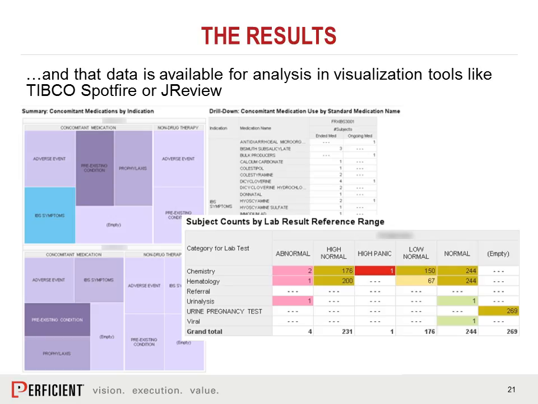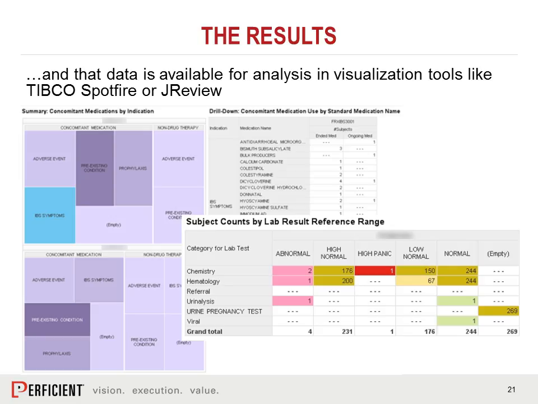In this particular example, over at the left in that nice lavender hue, you can see that Spotfire has prepared a very nice tree map for us so that we can analyze concomitant medications by indication. A very nice presentation, extremely useful. We also see another kind of analysis that's performed on lab results based on lab reference ranges.